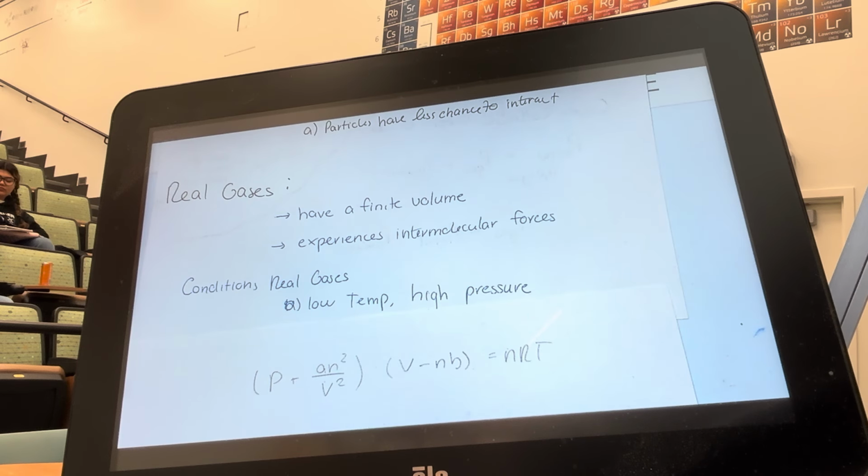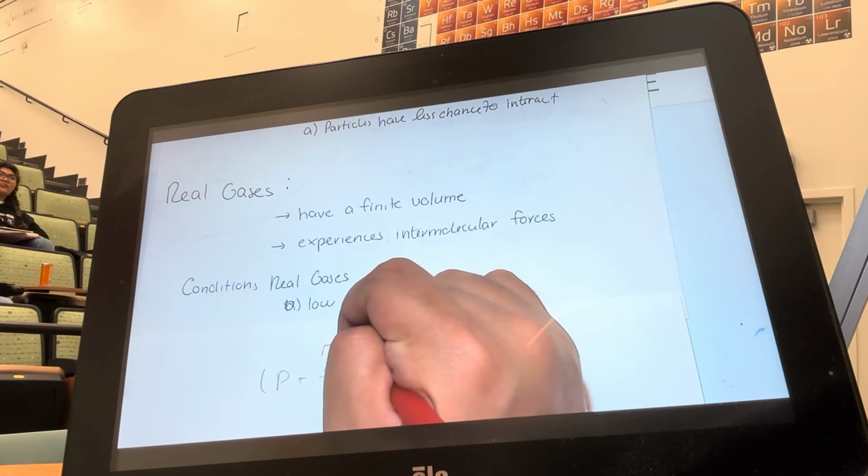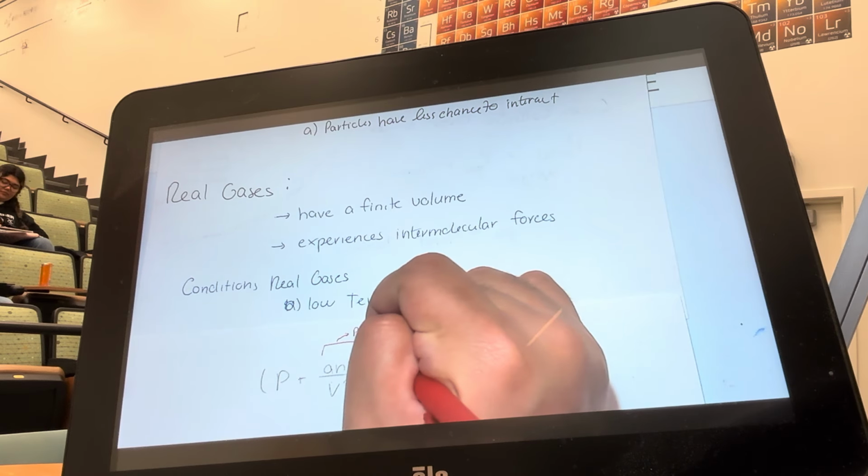I doubt Farhad is going to make you actually use this equation, but it's important to understand what's in here. This term right there is your pressure correction.